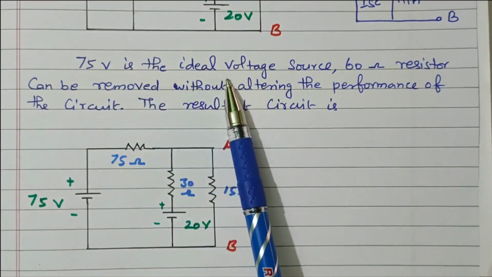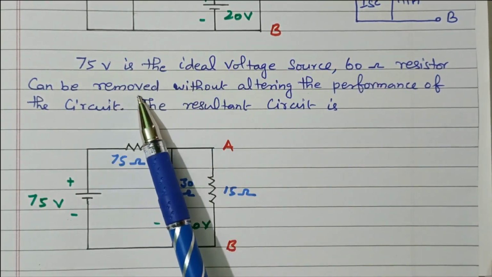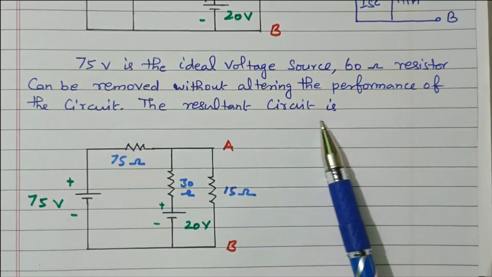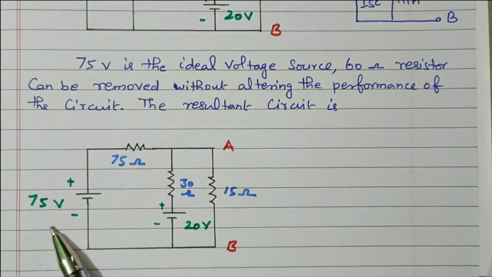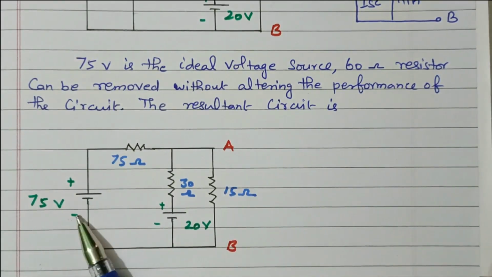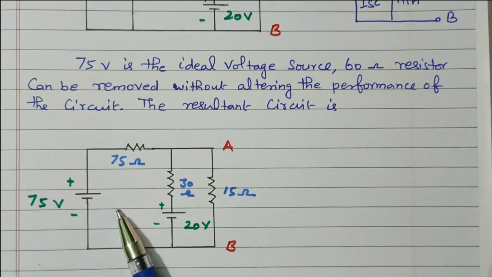75 volt is the ideal voltage source. The 60 ohm resistor can be removed without altering the performance of the circuit. Since the 75 volt source is ideal, voltage is not dropped across the 60 ohm resistor.